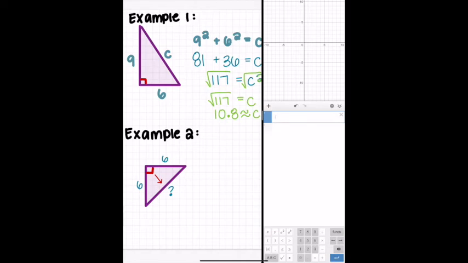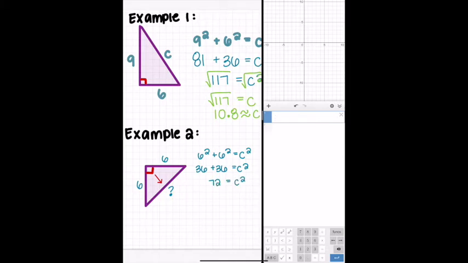All right, so we have our two lengths, so we're going to do 6 squared plus 6 squared equals what squared? So we're going to call that c squared. Right, so 6 squared is 36. Then we can add those together. 36 plus 36 is 72.